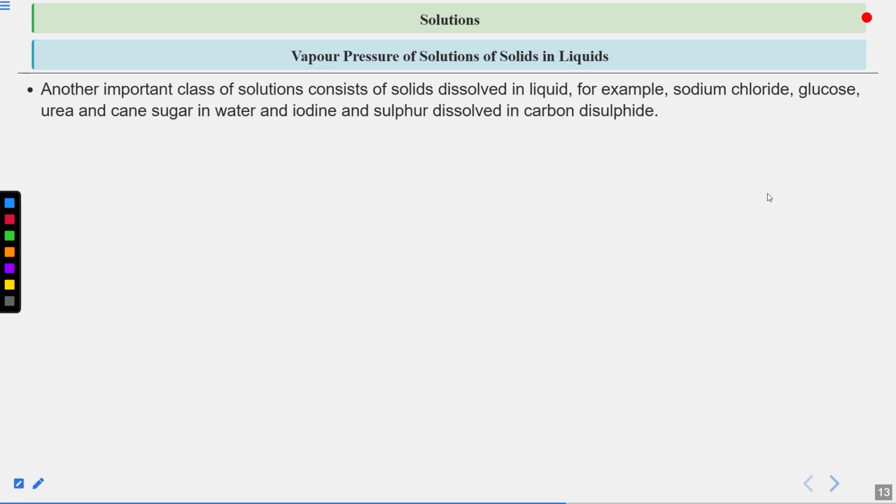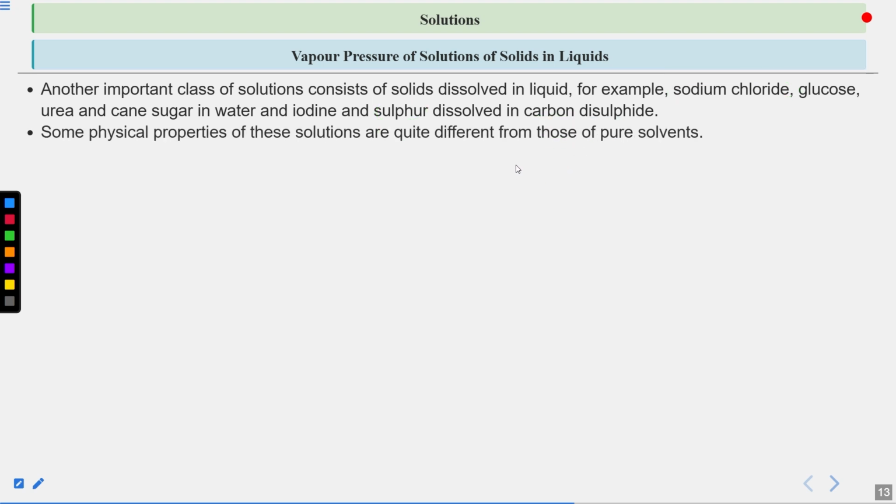Now another important class of solution is solids in liquids. For example, if you are dissolving table salt, sodium chloride, into water, or glucose or cane sugar in water. So these are all examples of solids in a liquid. You can also take the example of sulfur dissolved in carbon disulfide.